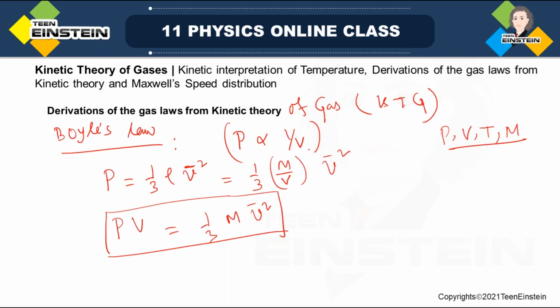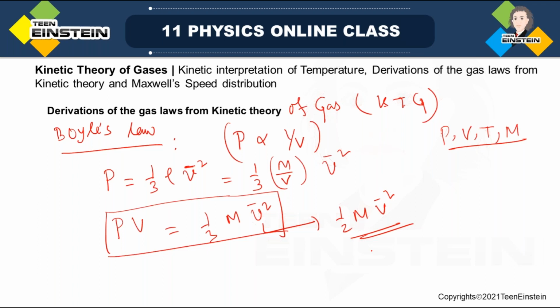But how can we say that 1/3 m v average square is a constant? We can say it is constant because half m v average square is the kinetic energy.